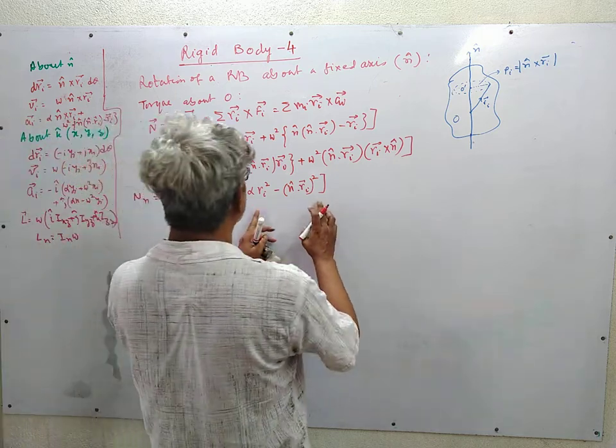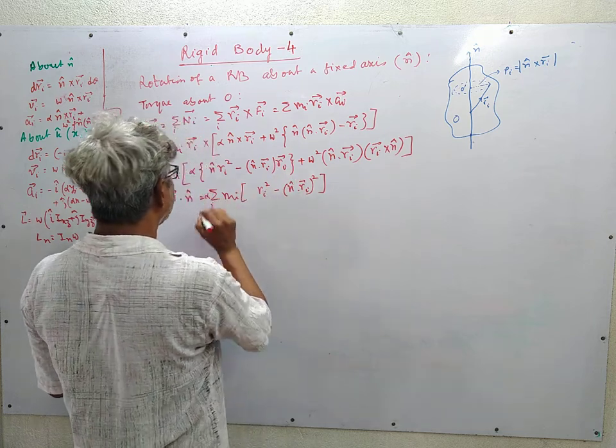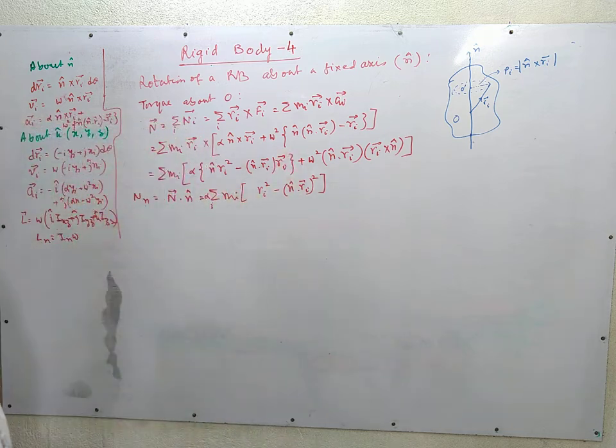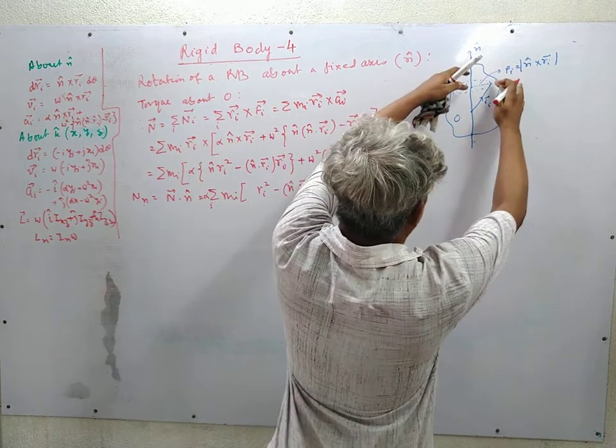Alpha is multiplied all along, and since alpha is the same for all the particles of the rigid body, we take it out of the summation, and this part is simply rho_i square.